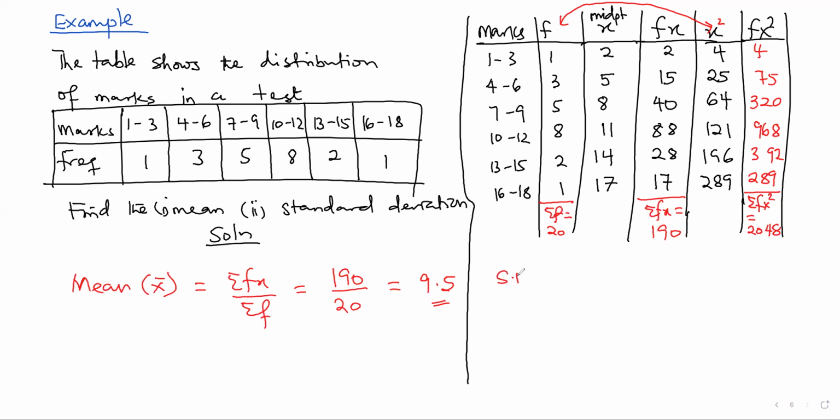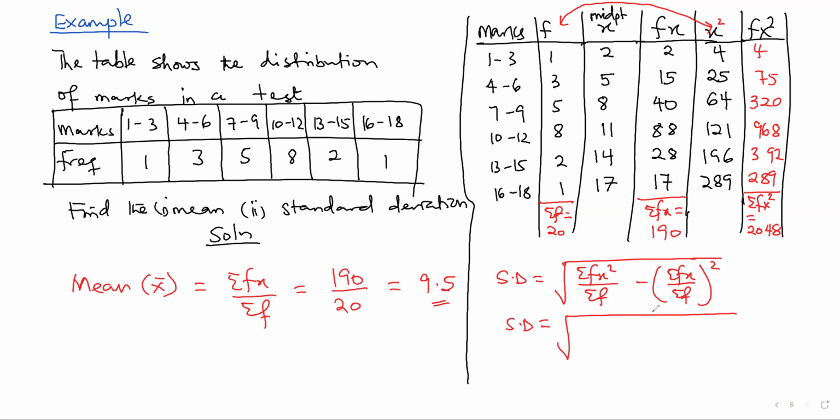Then the standard deviation for this question, we know the standard deviation formula is this. So the summation of fx squared is 2048. Summation of f is 20. Summation of fx over summation of f, which is the mean, we got 9.5, all squared.